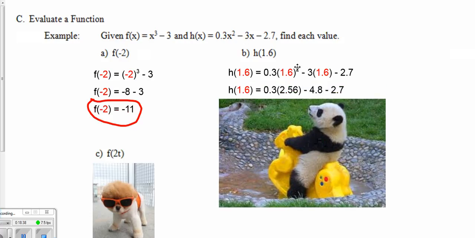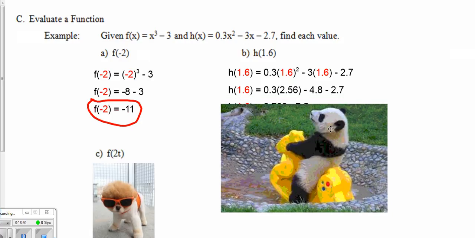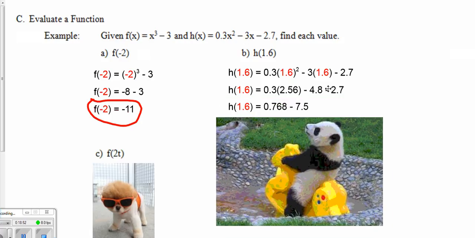So this piece becomes 2.56. This piece that was multiplied became 4.8. So from here, it now looks like this. I'm going to combine negative 4.8 and negative 2.7 and get negative 7.5.